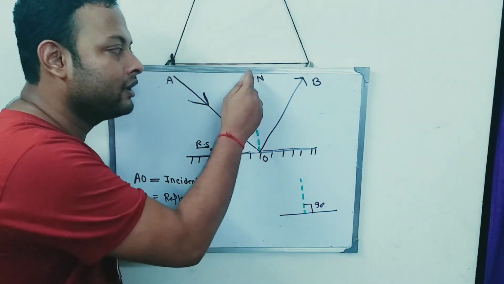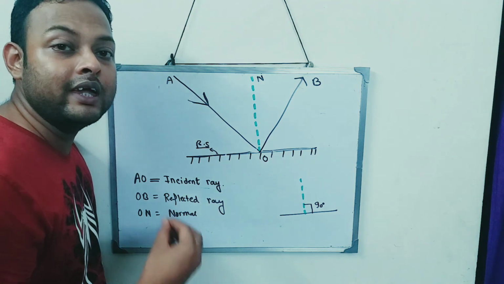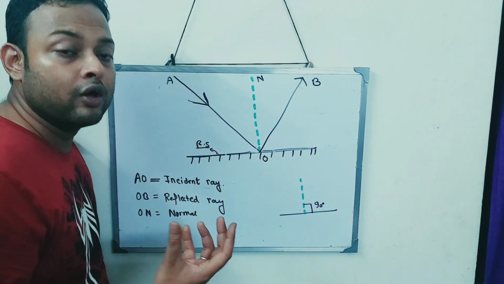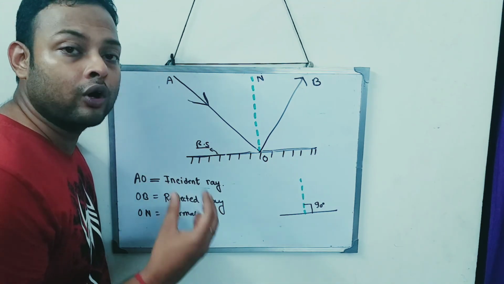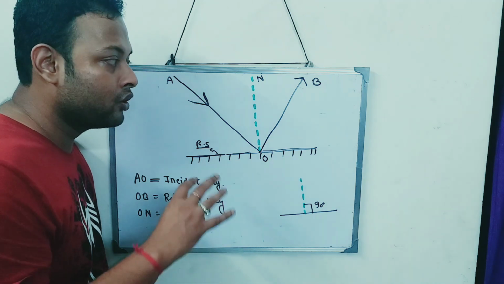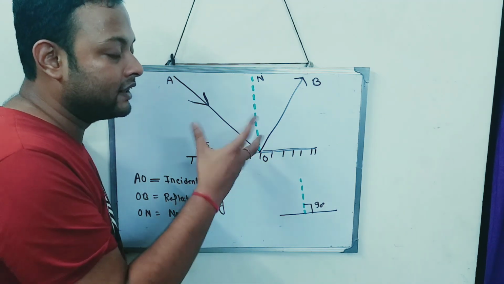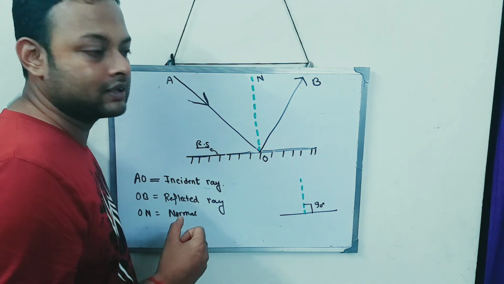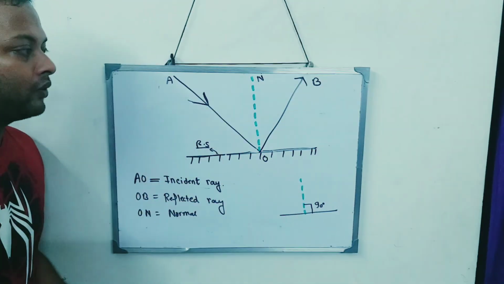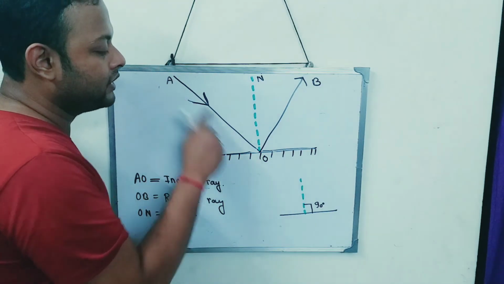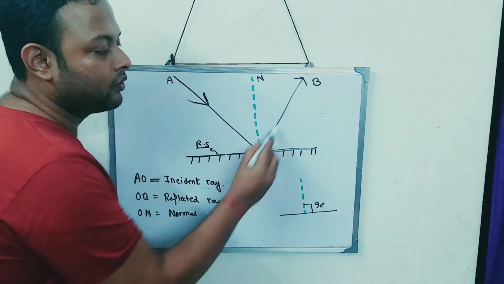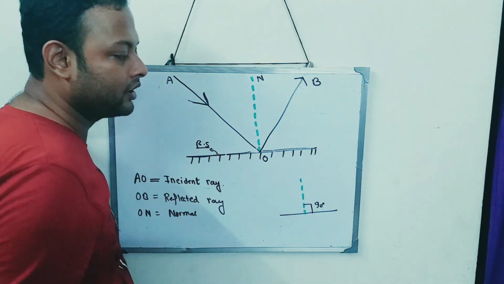So ON, this normal, is actually an imaginary ray which we draw to make these technical things easier for us. Now as you can see, this is the incident ray, this is the reflected ray, and this is the normal ray.